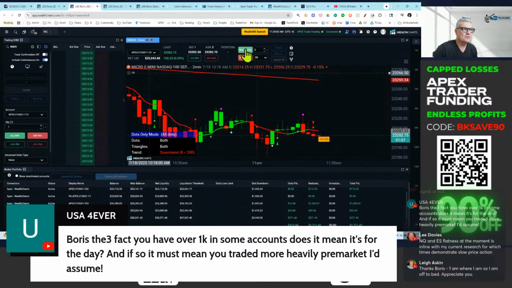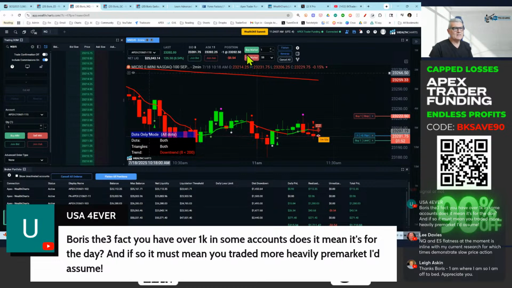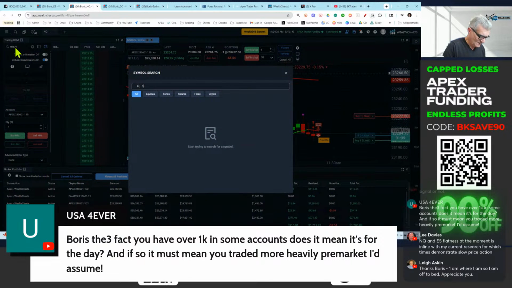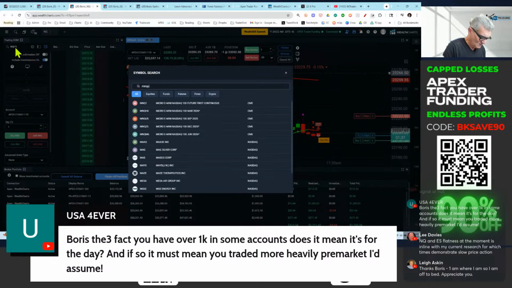I don't really love this trade. Maybe we'll just do it on one sell, just one tiny little trade here. I don't love this, but it is kind of a legit trade, so I should trust my process a little bit here. Oh, this is MNQ, MNQU.